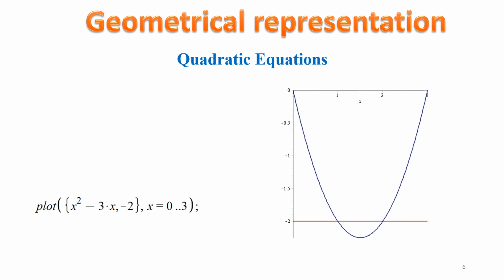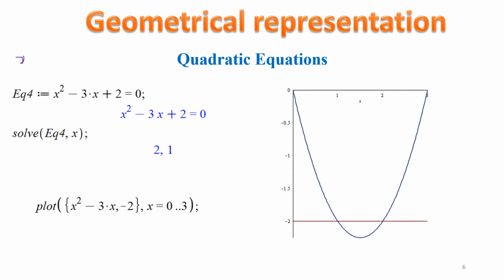Now we shall rearrange this equation such that x square minus 3x we keep on the left hand side, and this we shall assume to be y, and we shall transfer the 2 to the right hand side. It will be with a minus sign.